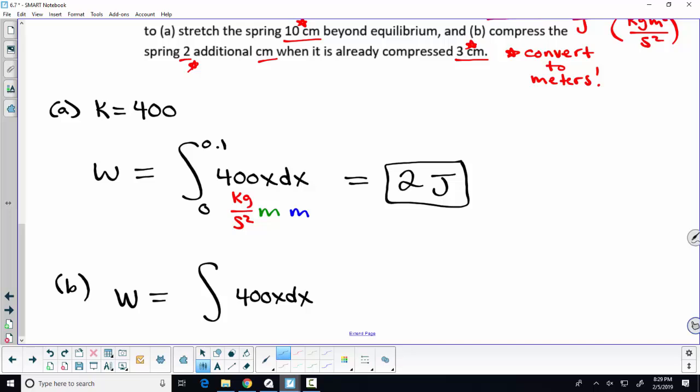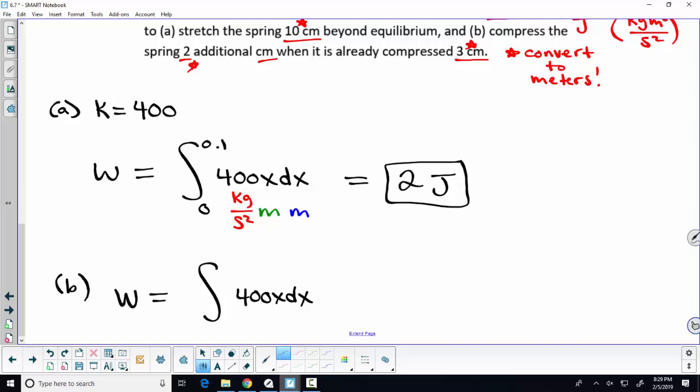Right. It's already compressed 3 centimeters, so it's already a negative distance from the equilibrium. The bounds are negative 0.03 and negative 0.05. Yes, yep.